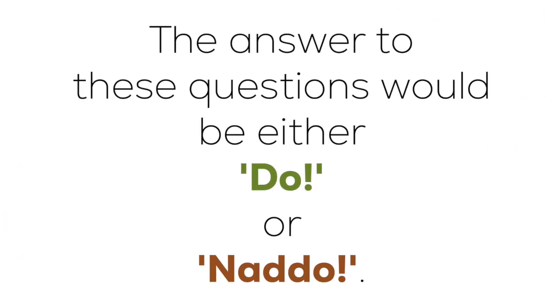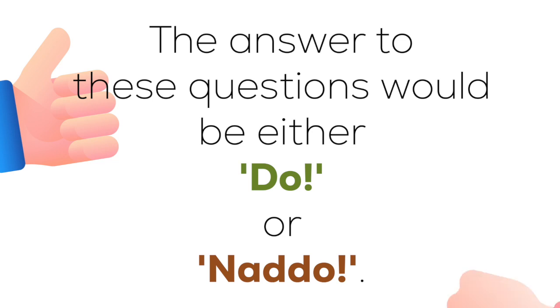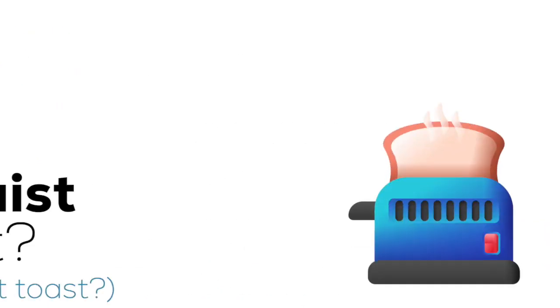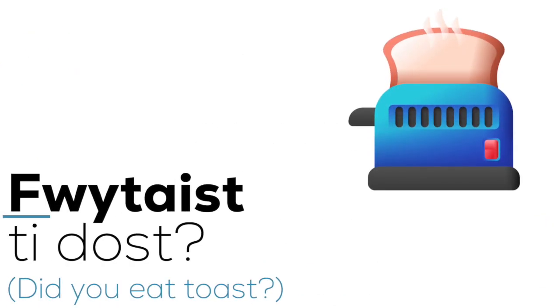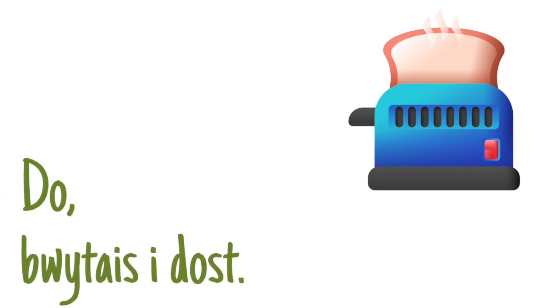And as with the other concise past form, we answer do or naddo. Bwytais ti dost? Do. Bwytais i dost?